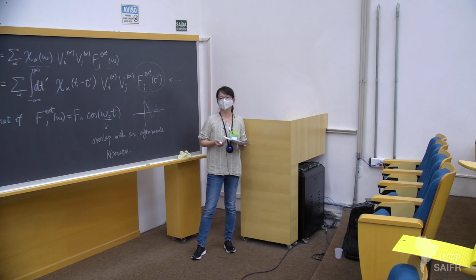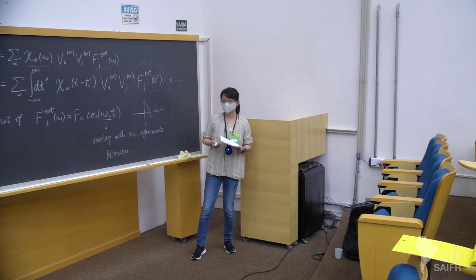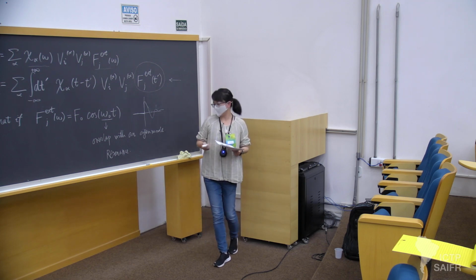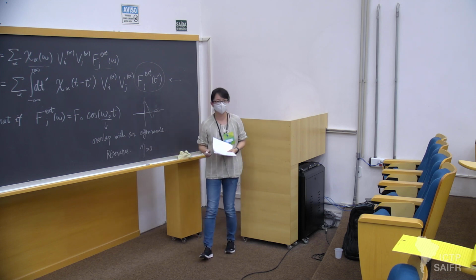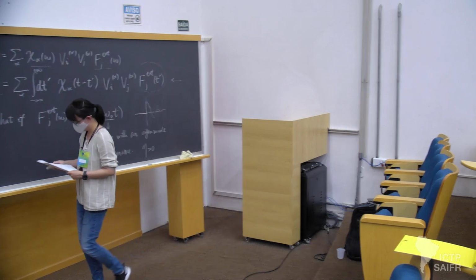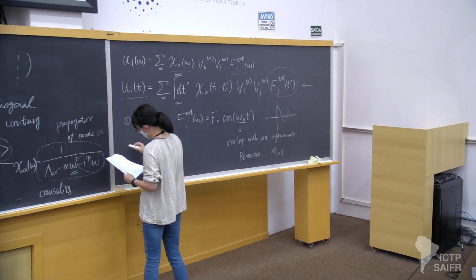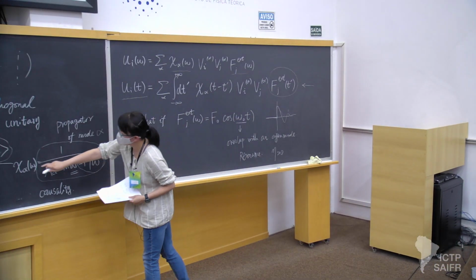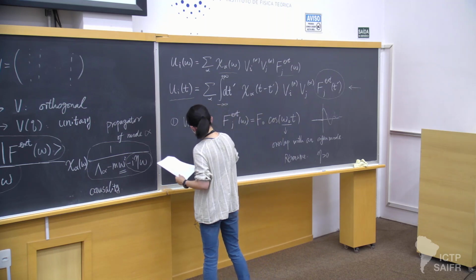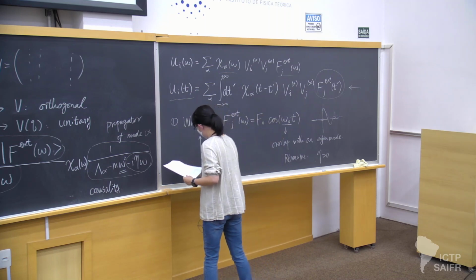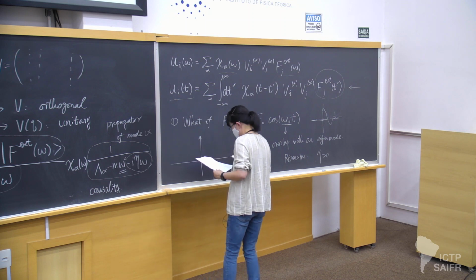There's damping. Yeah, so if I have a finite eta, then it doesn't diverge, right? So you can write the real and the imaginary part of this response function, and it's something like this.